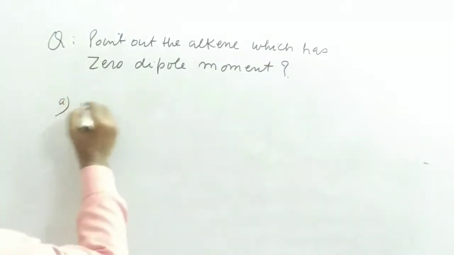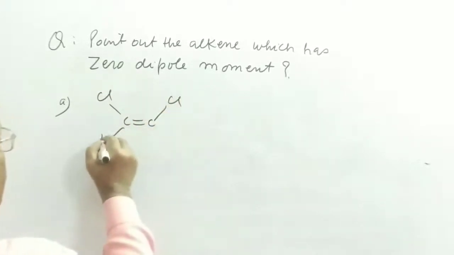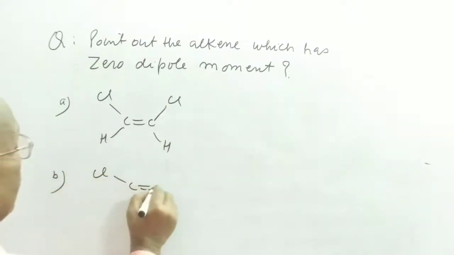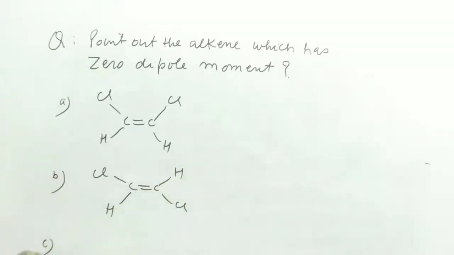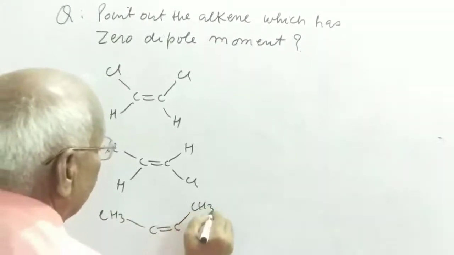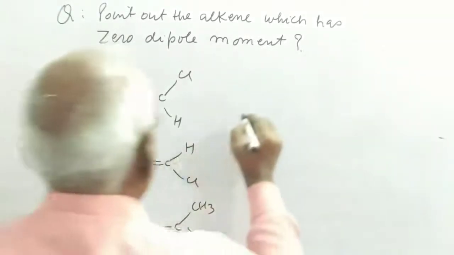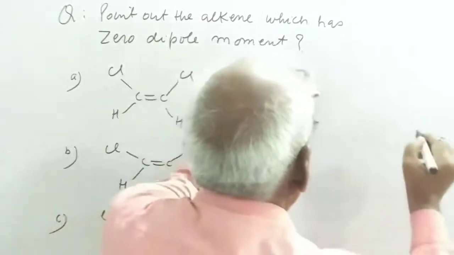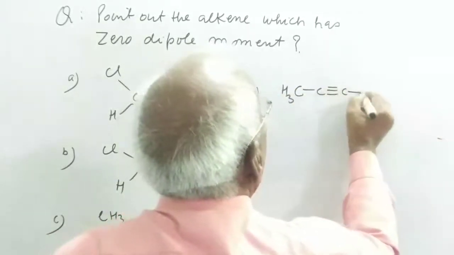A, this is Cl; B, Cl, H, Cl, CH3, double bond, CH3, H, and H, and D. This is CH3, C, triple bond C, CH3.